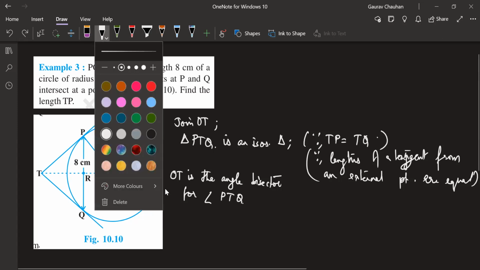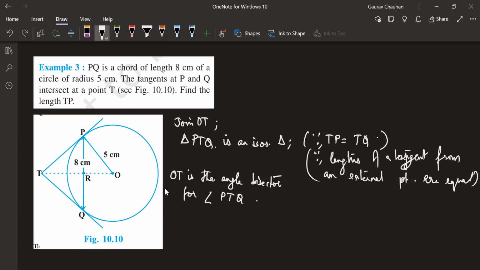So OT is the angle bisector for angle PTQ, which essentially means angle PTR is equal to angle QTR.